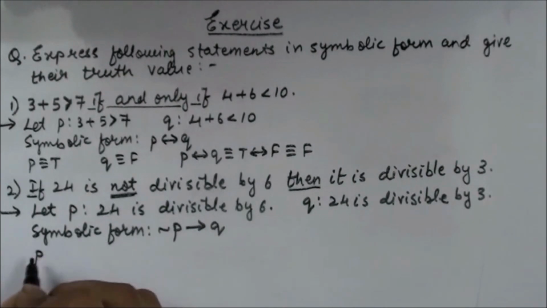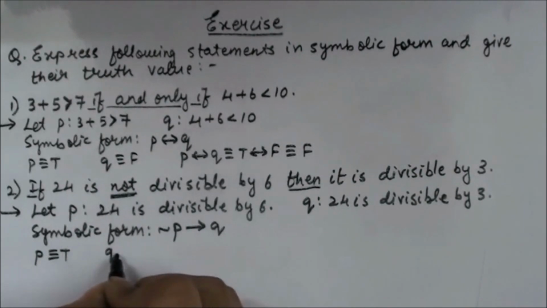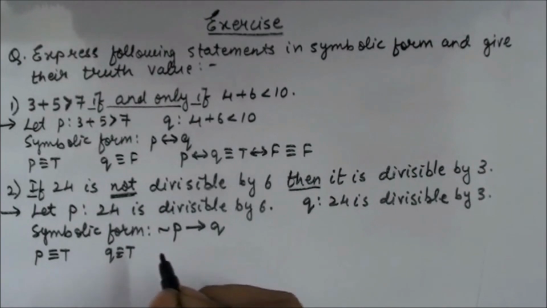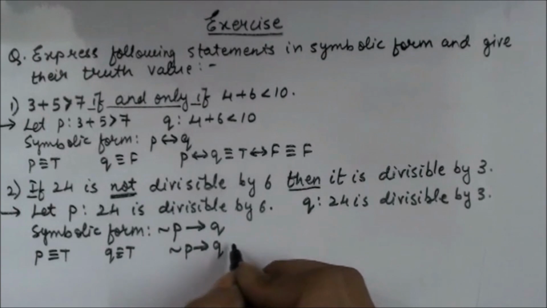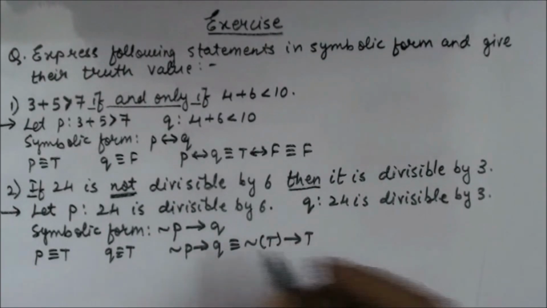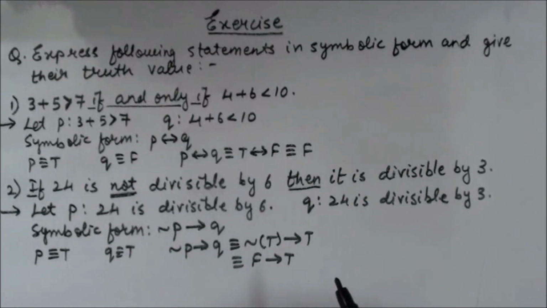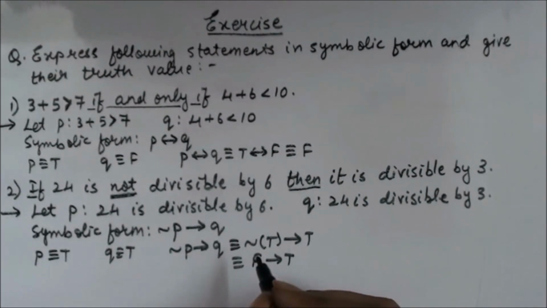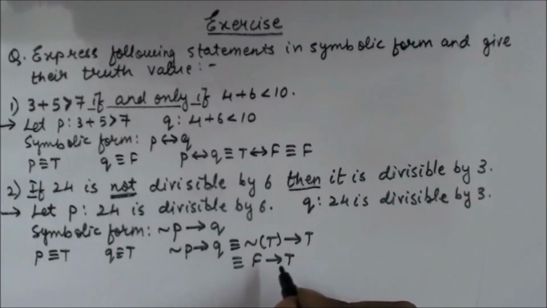Now statement P is true because 24 is divisible by 6 and statement Q is also true because 24 is divisible by 3. So negation of P implies Q will be negation of T implies T. So this will be F implies T. Now we have seen in the previous lecture that implication has only one exceptional case, that is, implication will be false only if the first statement is true and second statement is false.